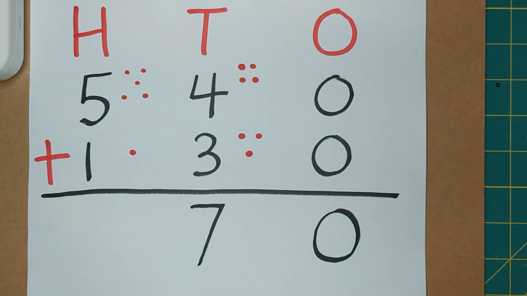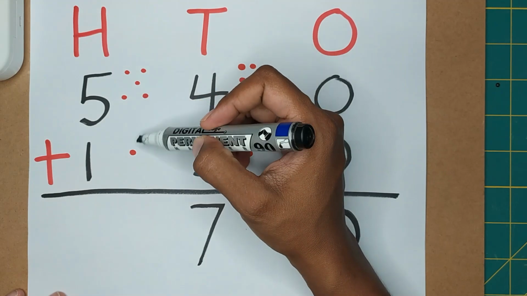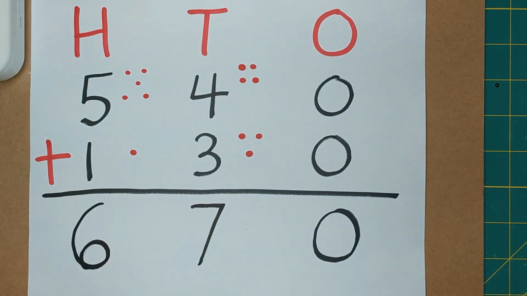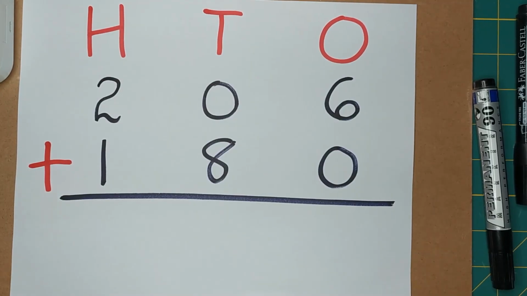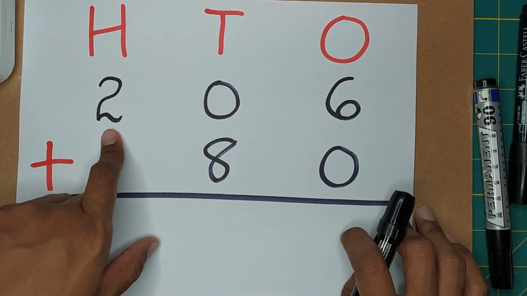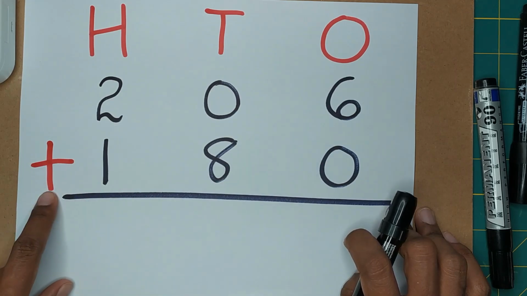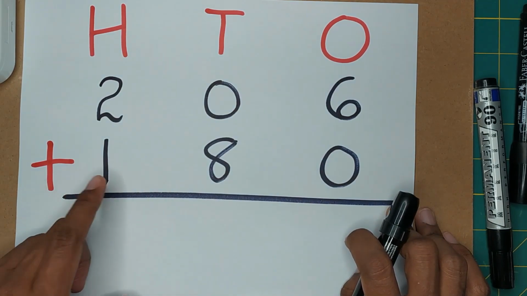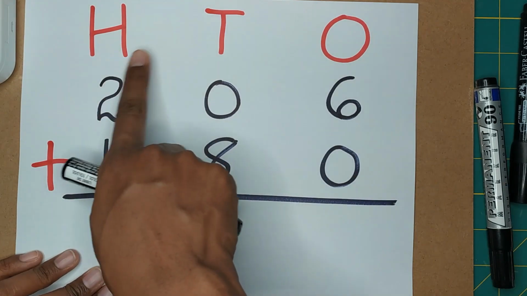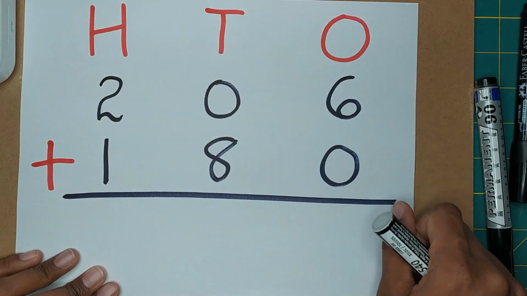The second question, 206 add 180. As you've guessed, we start with our ones column. And as a recap, we see that 6 adds 0 is there, and when 0 adds any number, you get back the same number. So 6 adds 0 is equal to 6.